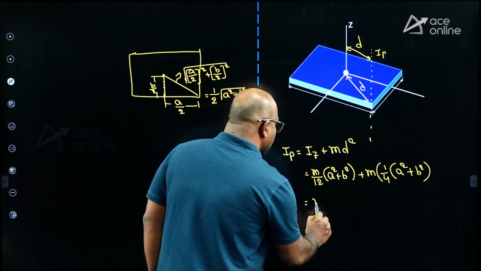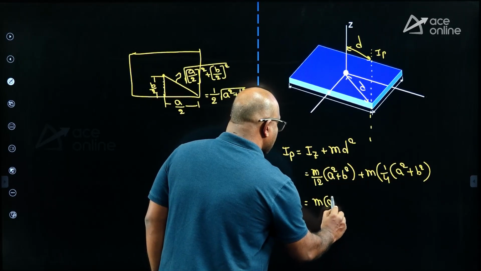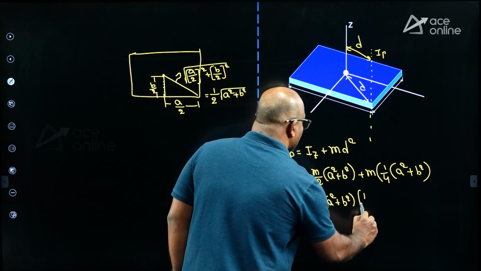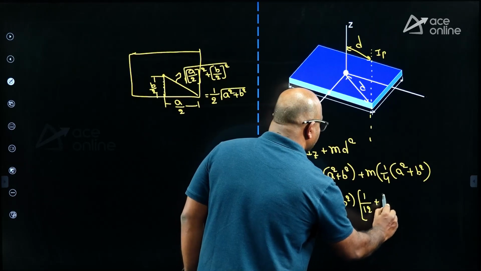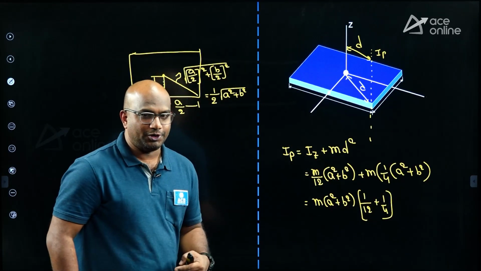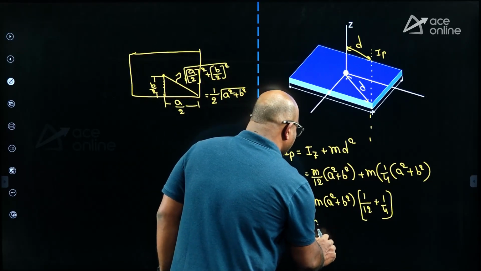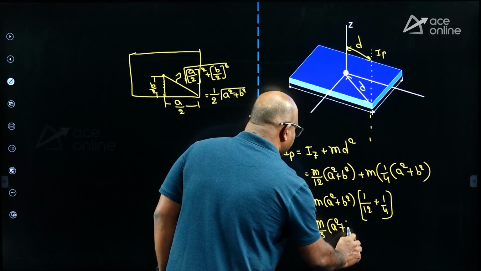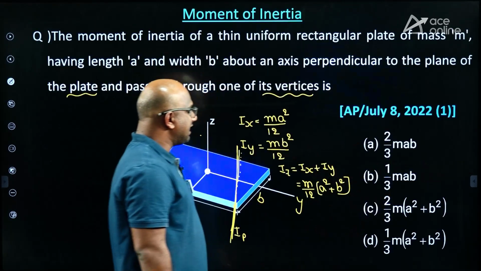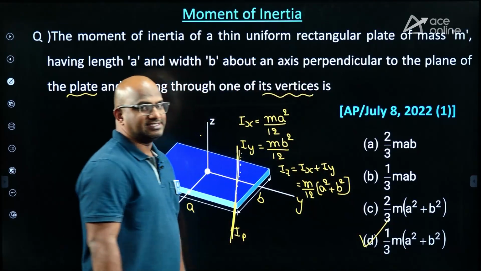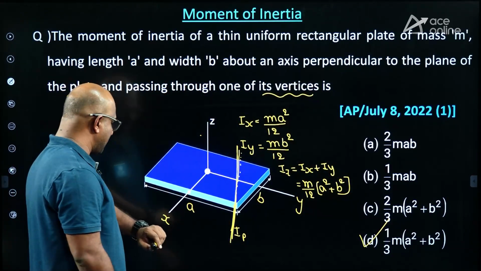Take m, a square plus b square common into 1 by 12 plus 1 by 4, guys. So how much is coming? 1 by 3 I am going to get, guys. Please verify. You will get m by 3 times of a square plus b square. The right answer is, guys, option D is the right answer. I hope this is clear for you, guys.